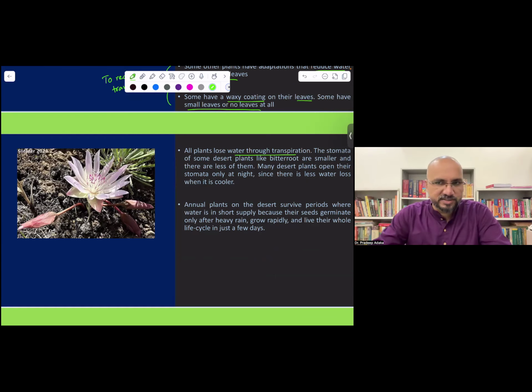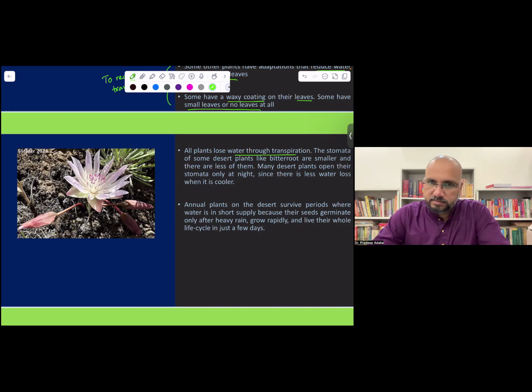The plant takes in carbon dioxide and releases oxygen through them, and it also loses excess moisture in the form of water vapor through stomata. All these processes happen through stomata, the small openings on the upper and lower surface of the leaves. More than 90% of the transpiration happens through stomata.